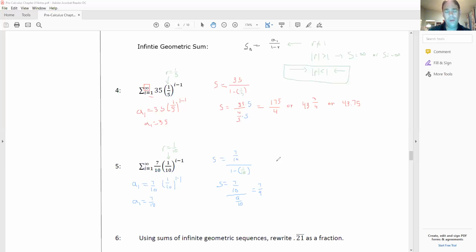You know, the weird thing about that, friends, is I know that 7/9 is the same thing as 0.7 repeating, 7, 7, 7, 7, 7, 7, 7. But now I'm noticing that 7/9 is the same thing as an infinite geometric sum.